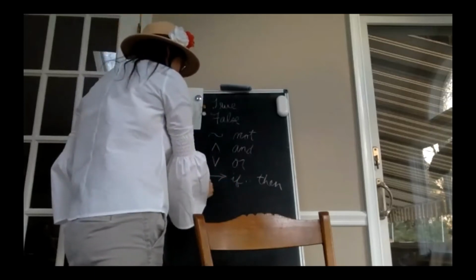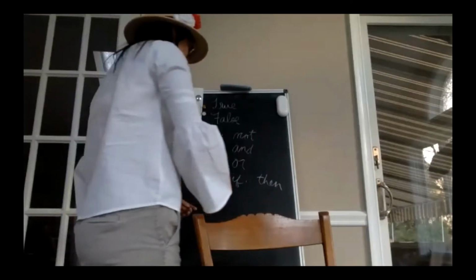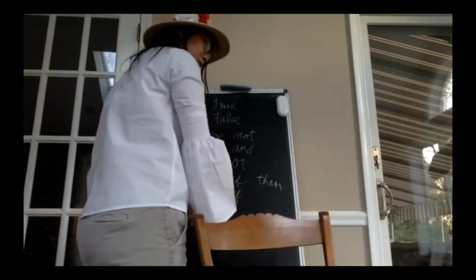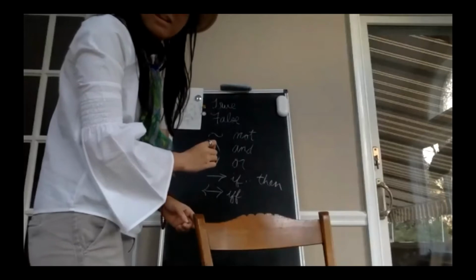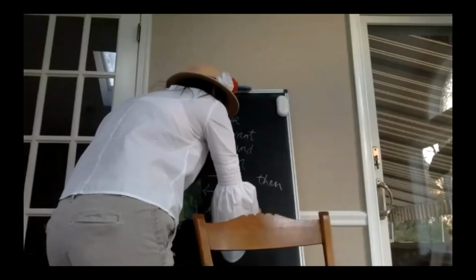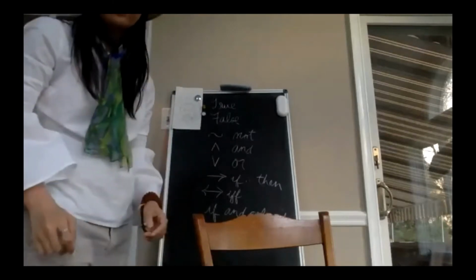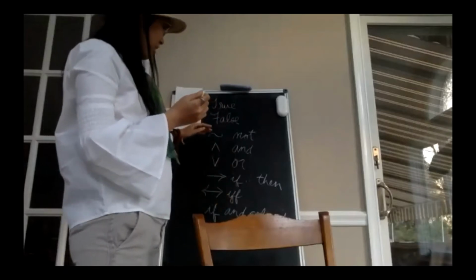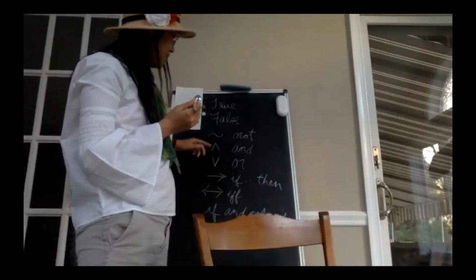And we have the biconditional, which is usually stated as if and only if. So all of these except for not take 2 truth values and output a third.